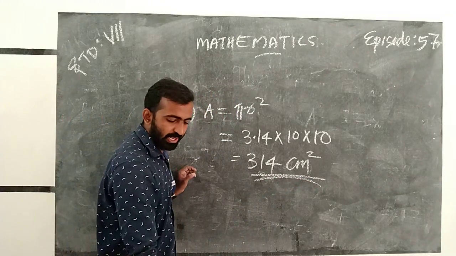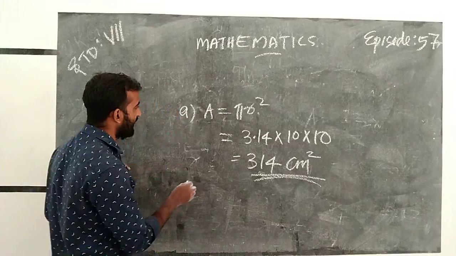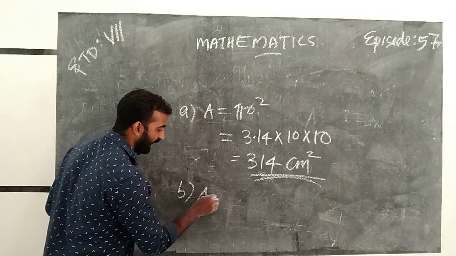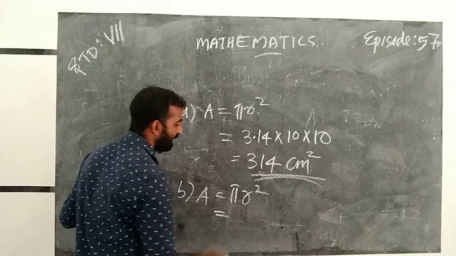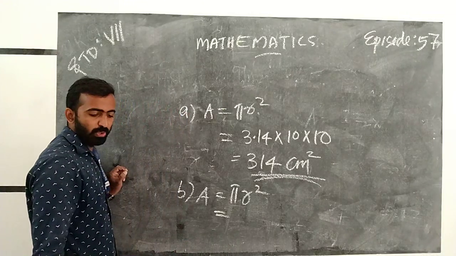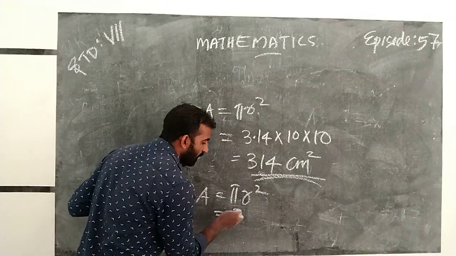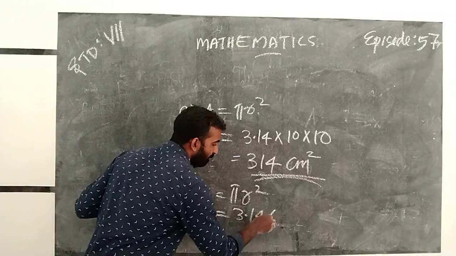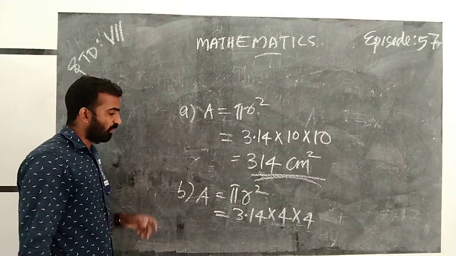And what is the second? The area of the small circle. Area of the small circle equal to pi r square, pi is 3.14 into 4 into 4, since the radius is 4.